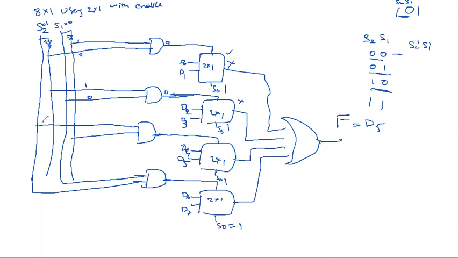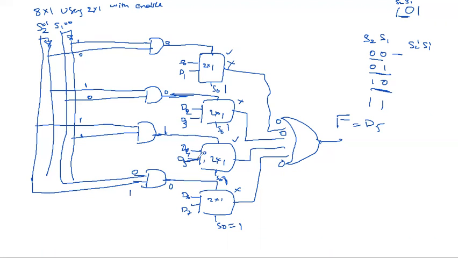Next S2 is 1, S1 is also 1. 1 1 means the AND gate output is 1, so this will be activated. Next check this one: S1 is 1, S0 is 0, so the AND gate output is 0. Only this multiplexer will be activated. S0 is 1 here, so which output do we get?